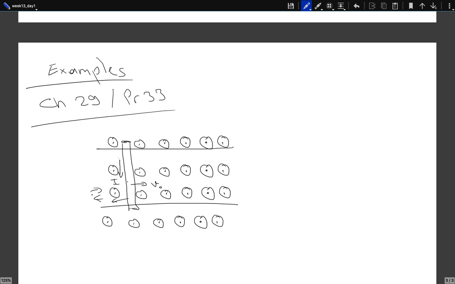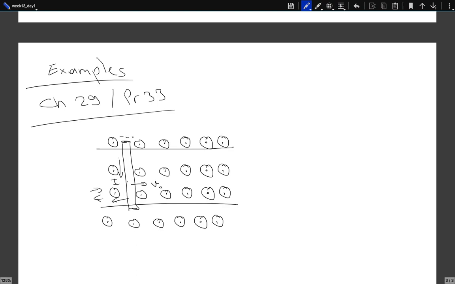Well, how long will there be a current? The negative charges are moving up, but there's nowhere for them to go. What will happen then? They will accumulate. So this end will be negatively charged.